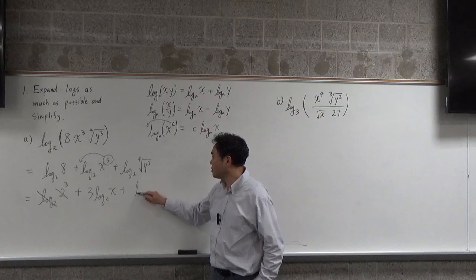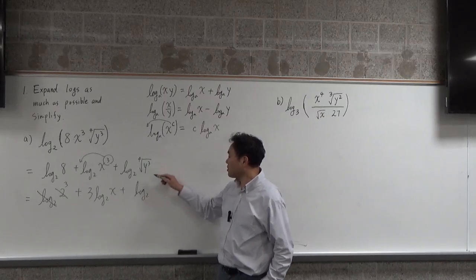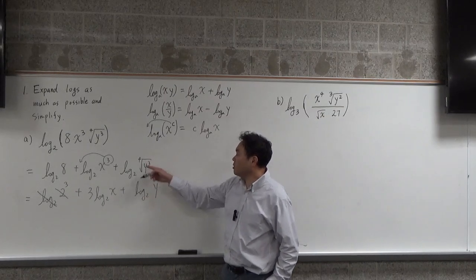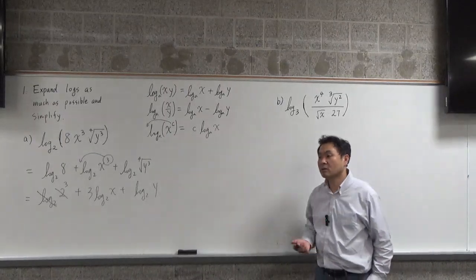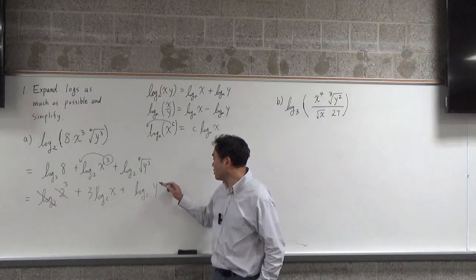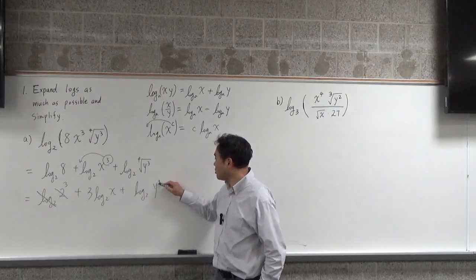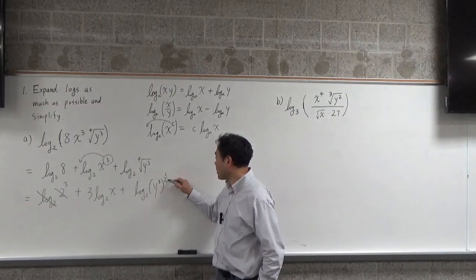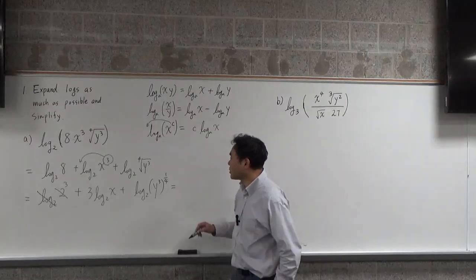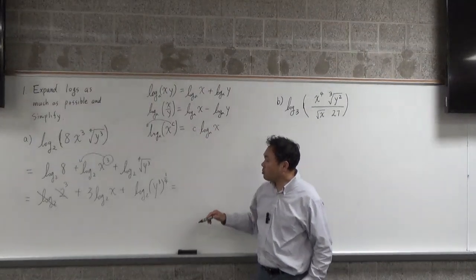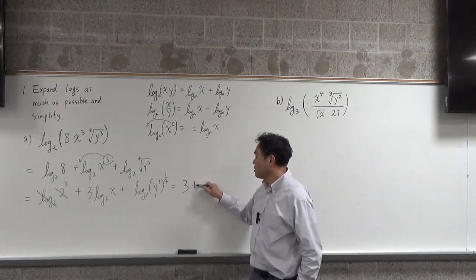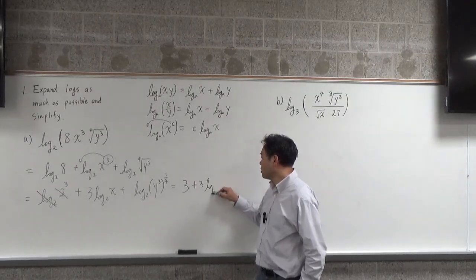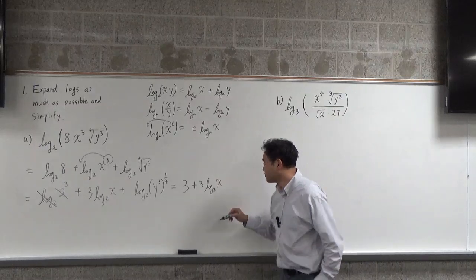And then, now we still have to work a little bit more on this one. Fourth root is same as what in terms of exponents? 1/4 power, yes. So this is y cubed to the 1/4 power. Okay. So we're almost there. 3 is what you have, plus 3 log base 2 of x.